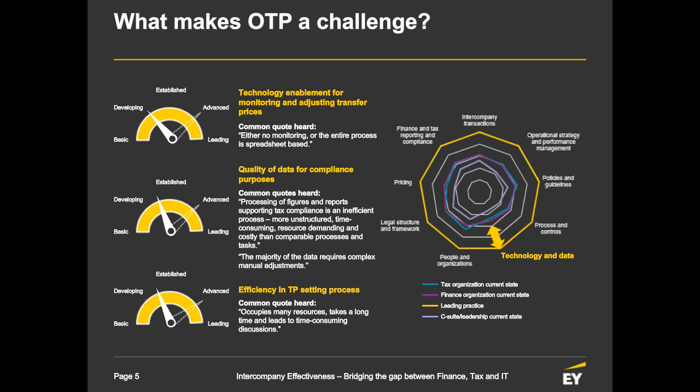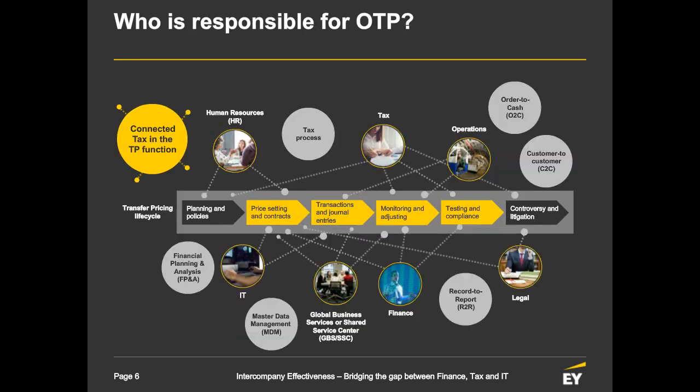So if we now look at who is responsible for operational transfer pricing, we've seen that the current transfer pricing processes are complex and involve a number of business functions and people. And I'm not sure the question, who is responsible for operational transfer pricing, can be easily answered, although the ultimate accountability sits with the person accountable for local statutory accounts.